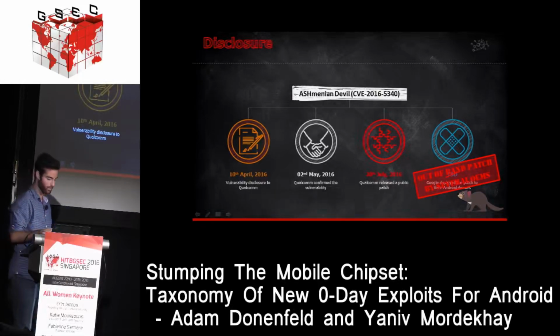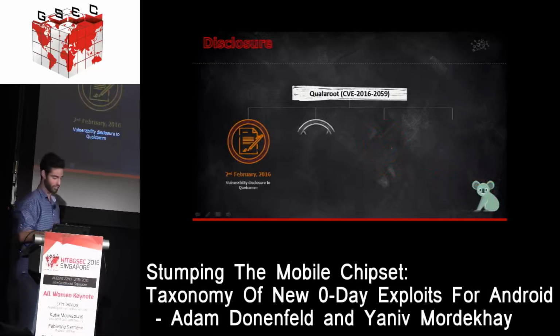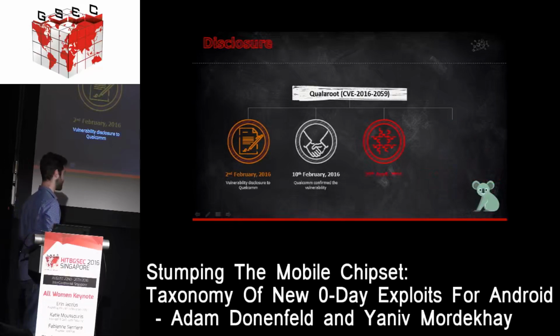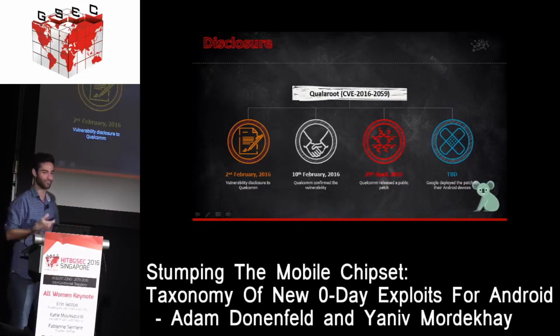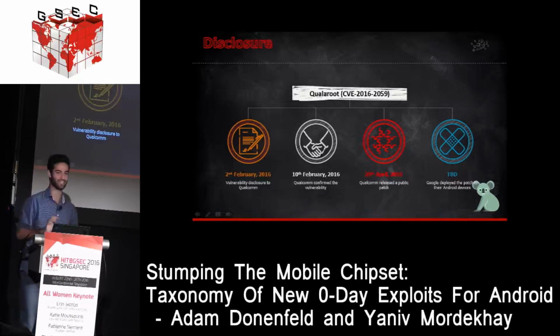Now for Qualcomm, although we reported it back in February, and even though you saw a very basic way to exploit it, it is still not fixed by Google, and not just by Google, by most of the OEMs. The way they fixed it is by setting an SELinux rule that blocked access to this mechanism. But you should know that it doesn't fix the problem.